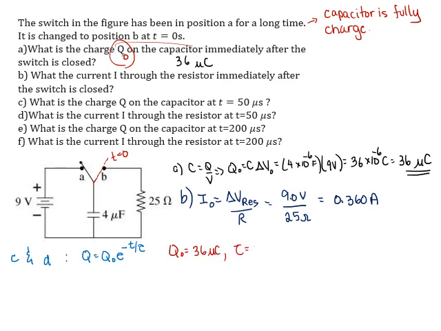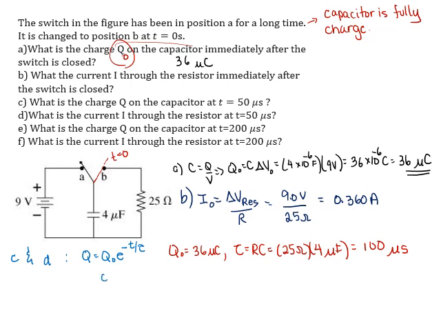Tau equals R times C, 25 ohms times 4 microfarads. I'm going to work in micro units here because my time is given in microseconds. So 25 times 4 gives me 100. Ohms times microfarads gives me microseconds. If you prefer to work in seconds, then this would be 100 times 10 to the minus 6 seconds.